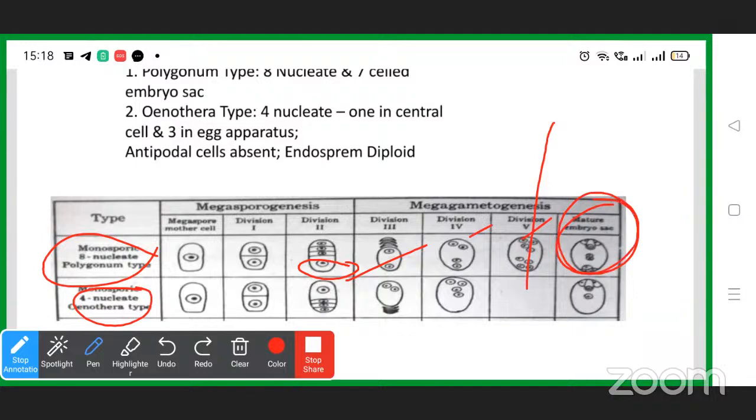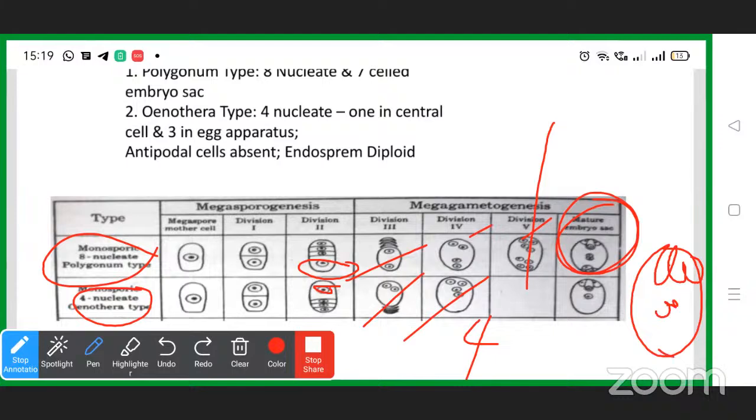Whereas in the oenothera type, only 4 nuclei are present. The micropylar megaspore remains and takes only the first and second mitotic divisions, forming only 4 nuclei. Of the 4 nuclei, 3 form the egg apparatus and 1 is the polar nucleus. There are no antipodal cells and no third mitotic division. So the polygonum type has 8 nuclei, and the oenothera type is 4-nucleate.